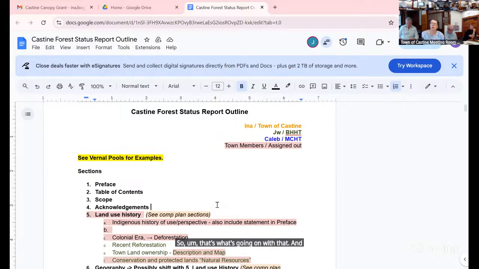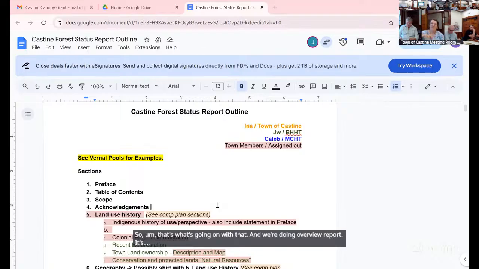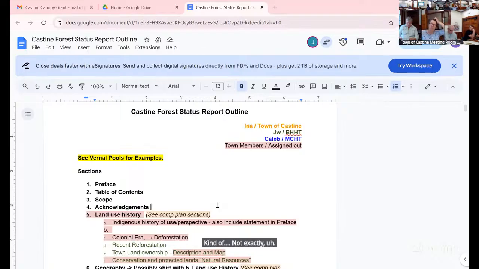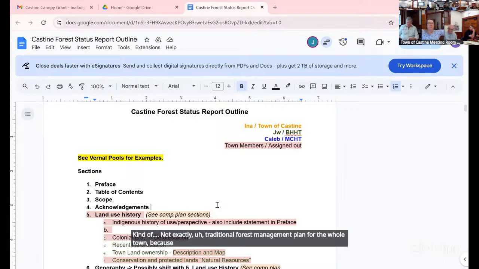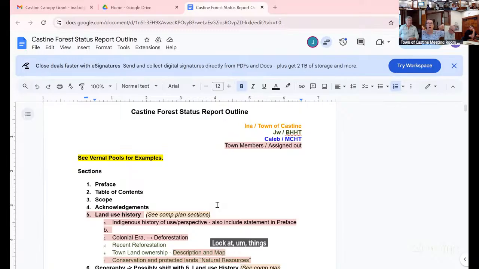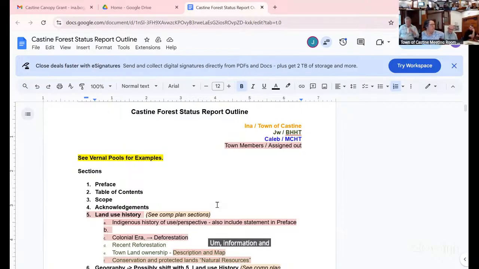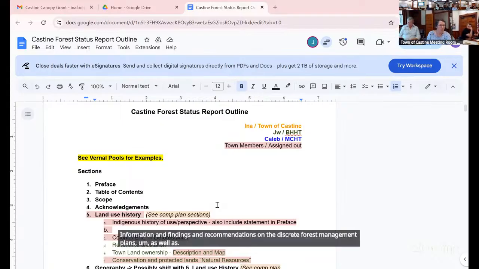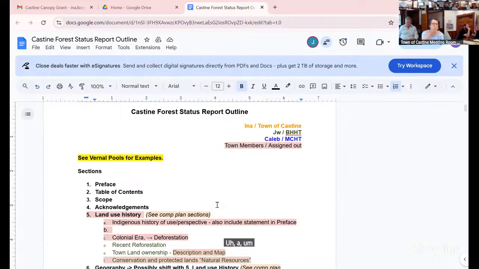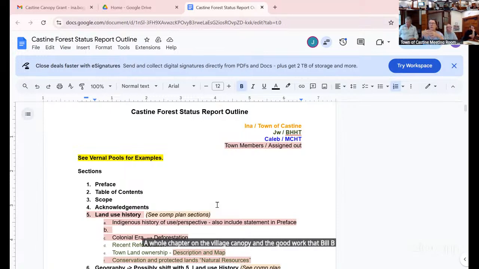And we're doing an overview report. It's not exactly a traditional forest management plan for the whole town, because it's much more of a 35,000 foot look at what we've got. It incorporates information, findings and recommendations from the discrete forest management plans, as well as a whole chapter on the village canopy and the good work Bill Berman has been doing.